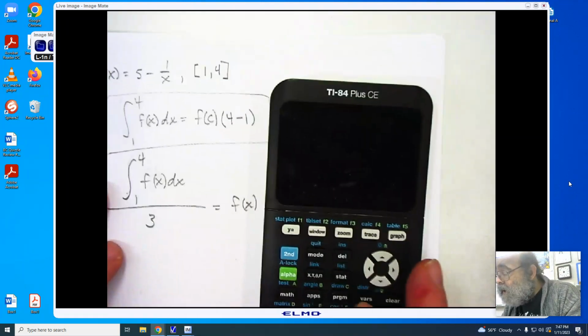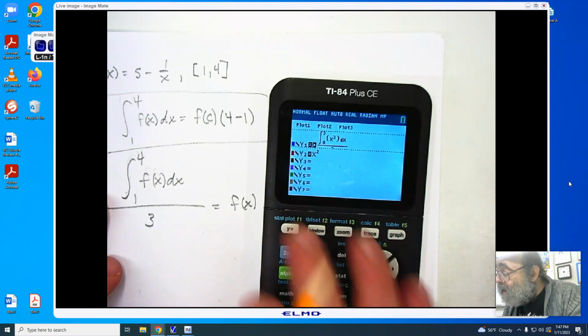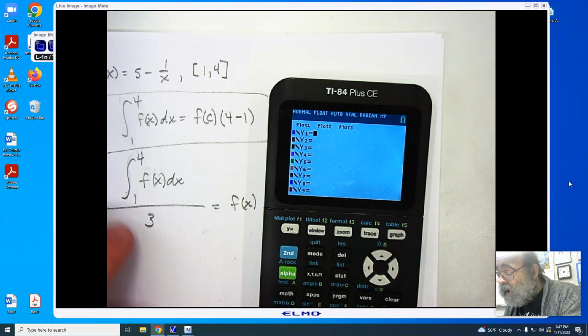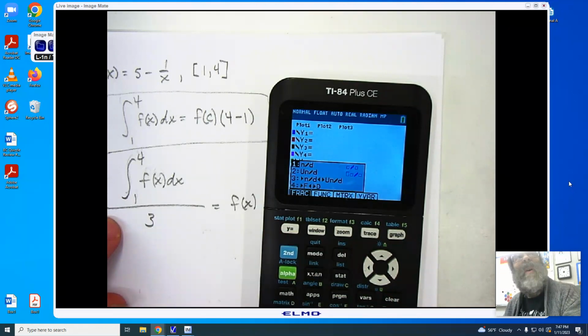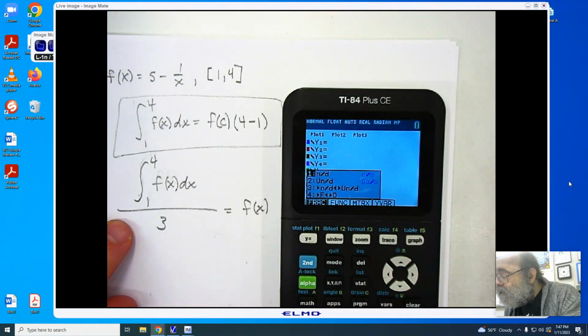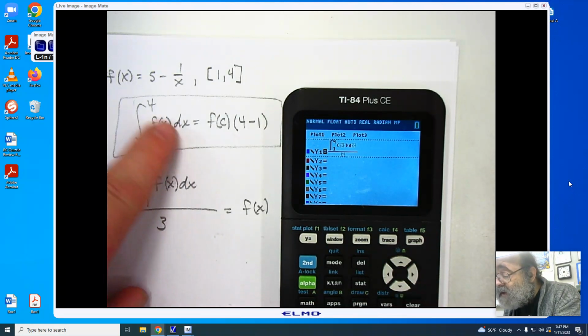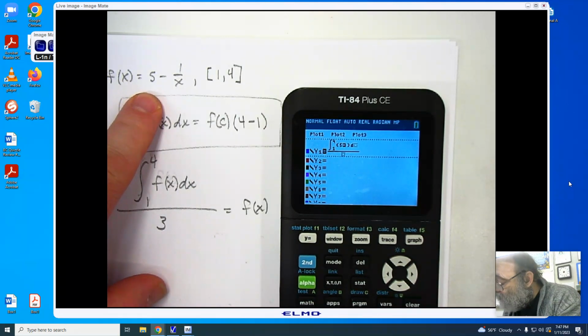So here we go. We're going to start by going y equals. I'm going to put the fraction, alpha y equals, to get that fraction in. I'm going to put math 9 from 1 up to 4 for the function that is given to me: 5 minus the fraction 1 over x dx, and then in the denominator I'm putting the 3.